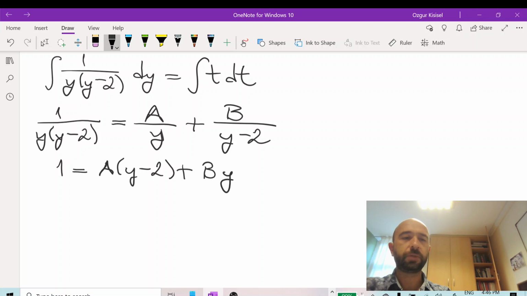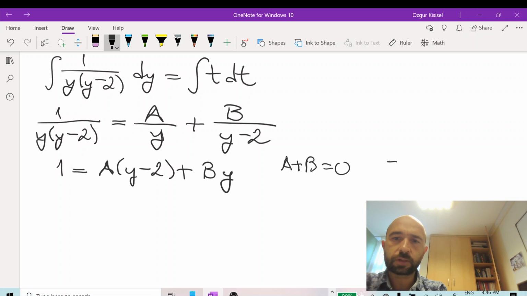And if you want this to be correct for every value of y, then you need the coefficient of y to be equal to 0 and the constant, which is minus 2a, equals 1. So this gives you a equals minus 1/2, b equals 1/2.